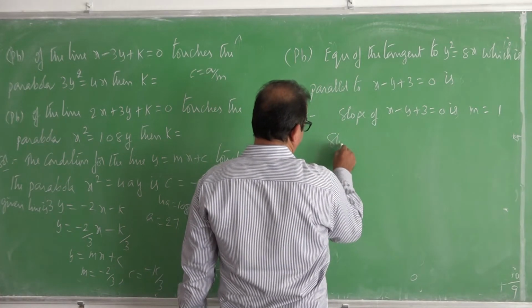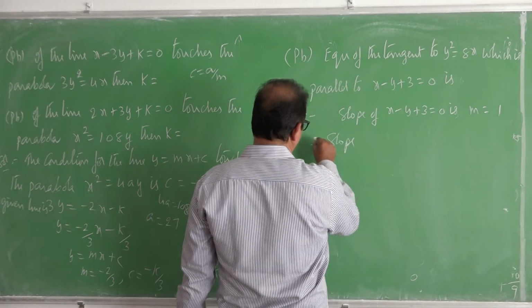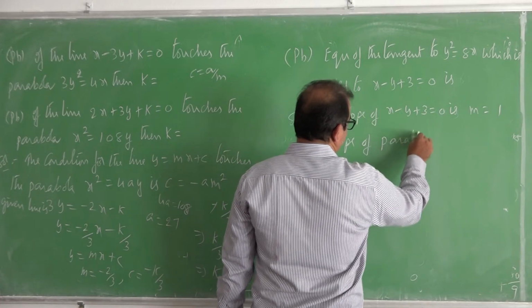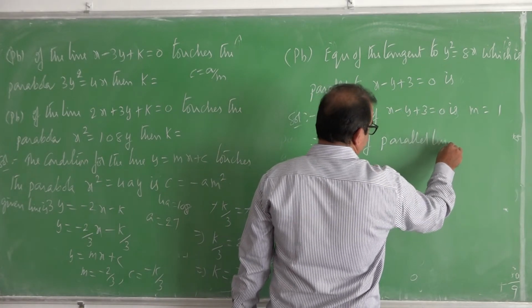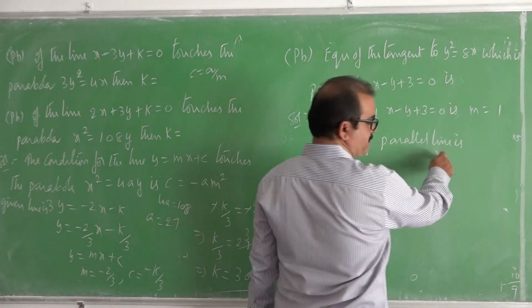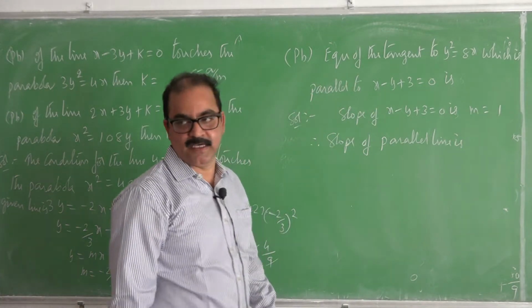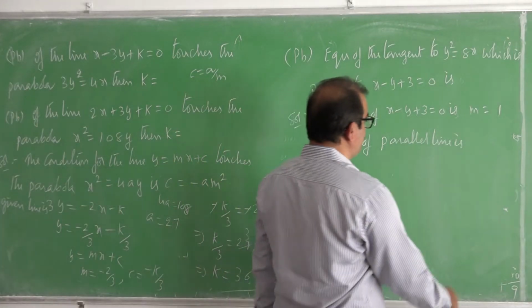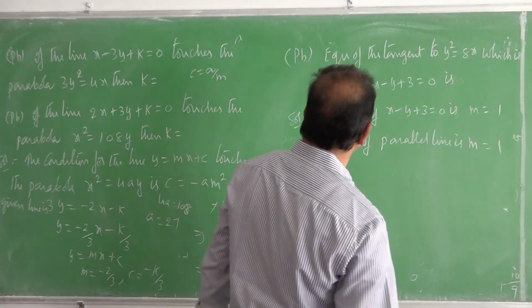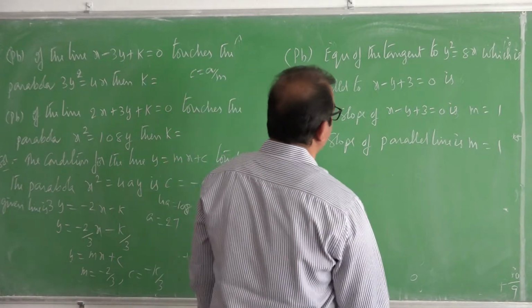Therefore, the slope of the parallel line is, if the lines are parallel, then their slopes are equal. So the slope of the parallel line is also 1.